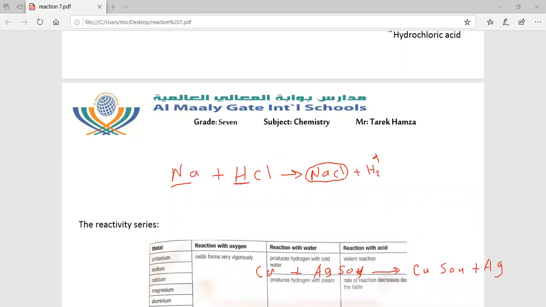Copper sulfate and silver. Copper reacts with silver sulfate, producing copper sulfate, and silver comes out. Understand? Yes. Thank you.